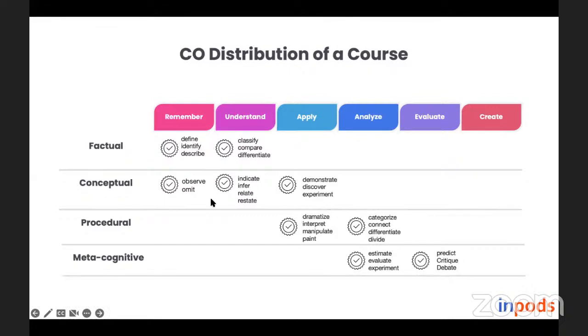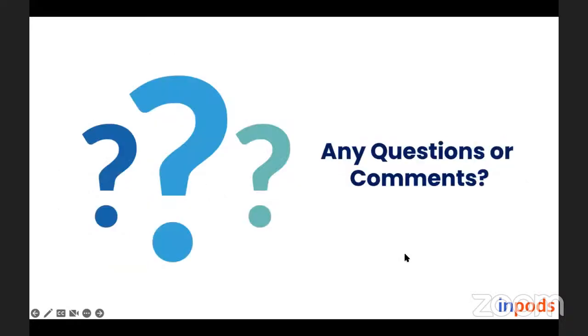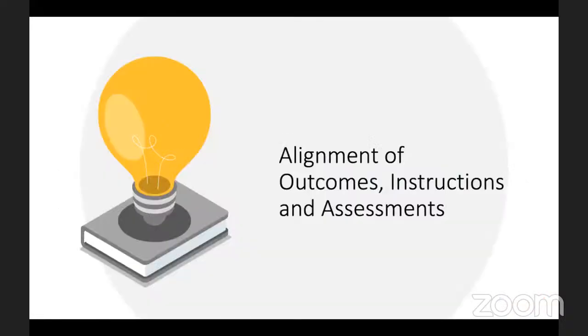You'll move this down, and the clustering will be more towards this side in advanced level courses. Initial courses will have clustering here. Later on, the clustering has to have more inclination towards this side. That's how the distribution of the course outcomes could be. Any questions so far?